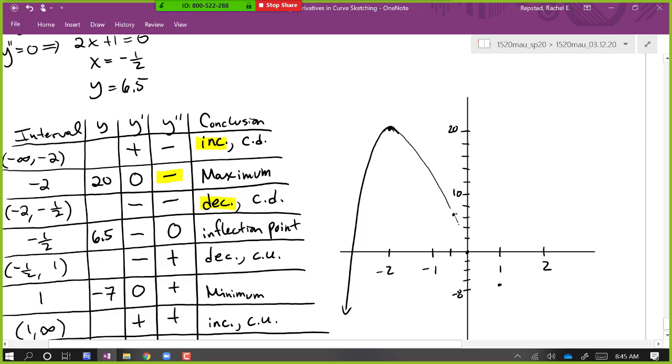We get to this inflection point. It heads into the min, and it's got to turn around there. And that inflection point is kind of subtle in that we don't see a drastic change in behavior there, but it is the actual point where it switches from concave down behavior to concave up. It turns around at the minimum, and then heading out, our last row says it's increasing, concave up.